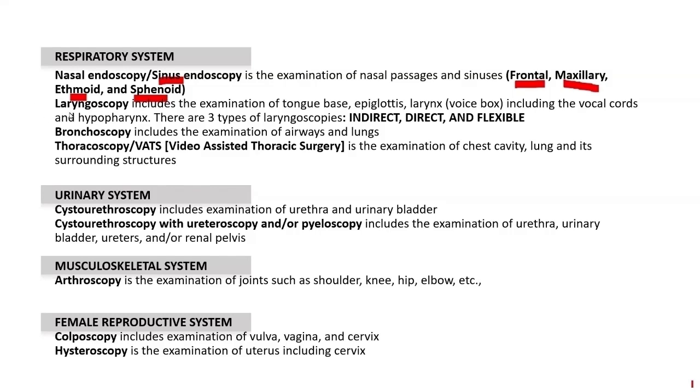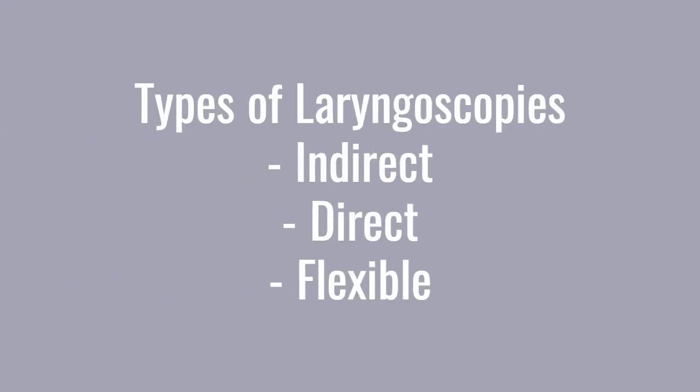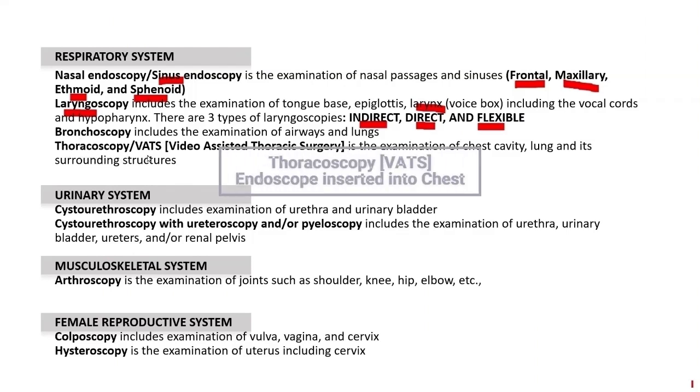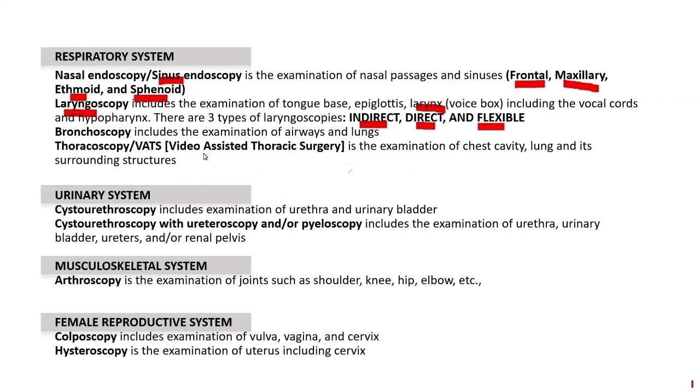Then laryngoscopy is visualizing larynx including voice box. There are three types of laryngoscopies: indirect, direct, and flexible. Then bronchoscopy and then thoracoscopy. Thoracoscopy is also known as VATS, video assisted thoracic surgery. These are the endoscopies related to respiratory system.